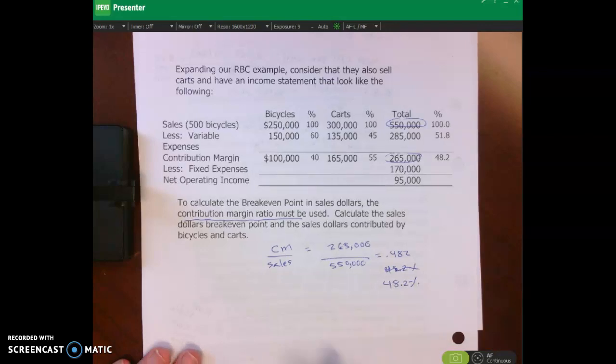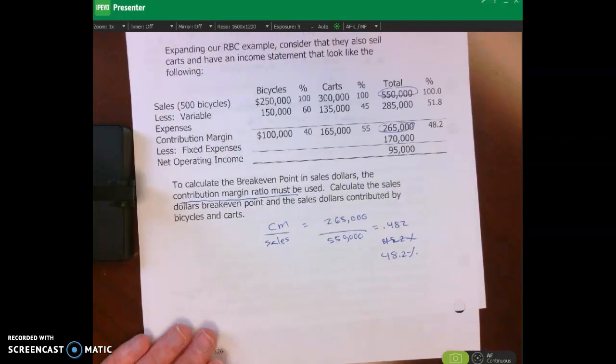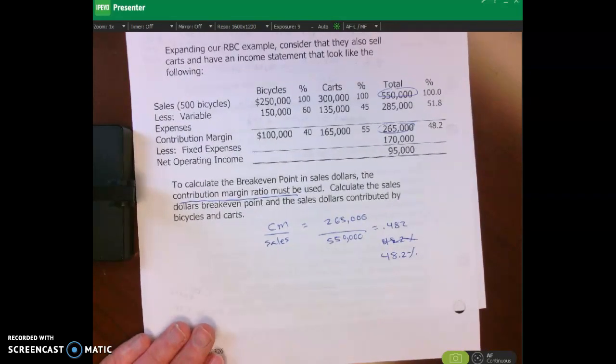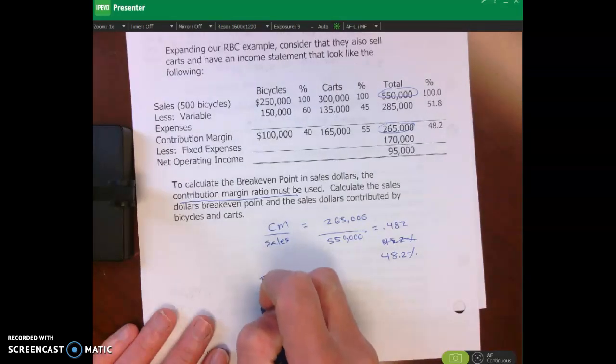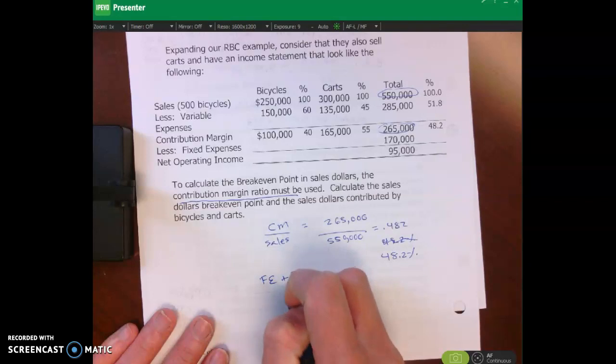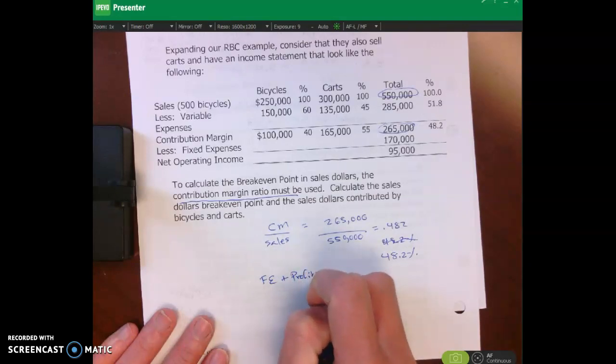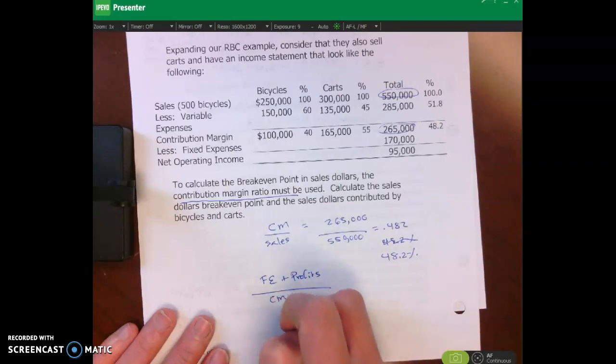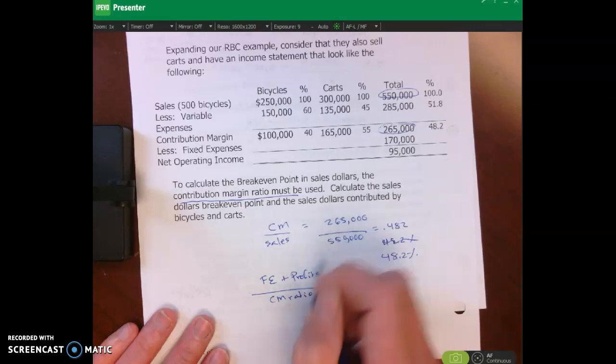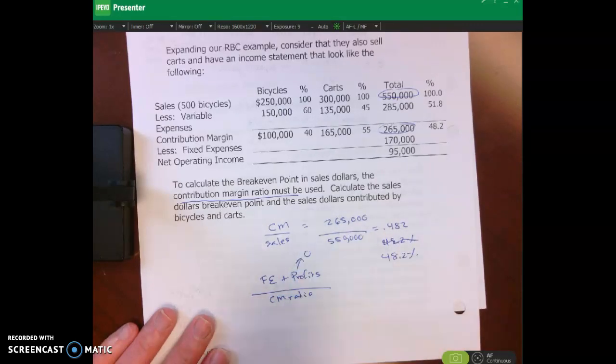Then we can use our formula from a prior lecture video for calculating break even in terms of sales dollars, which was fixed expenses plus profits divided by our CM ratio. Now I'm asking for break even, so profits will be 0. So it just becomes fixed expenses divided by the CM ratio.